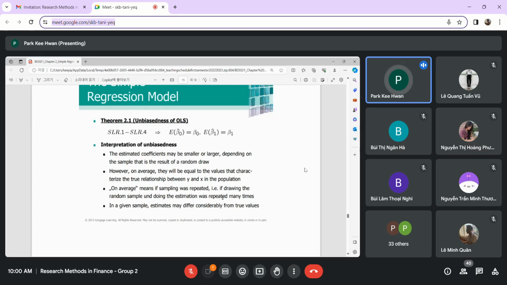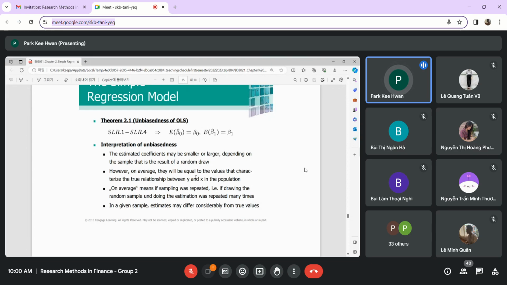You will have many different values of beta naught hat and many different values of beta 1 hat. However, if you take the average of the different values of beta naught hat and the average of the different beta 1 hat, then the average value, which means the mean, will be equal to the population parameter. That will give you the true relationship.